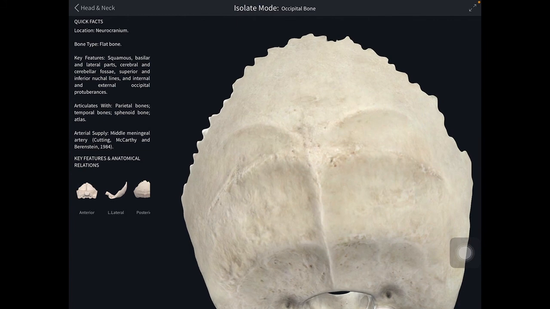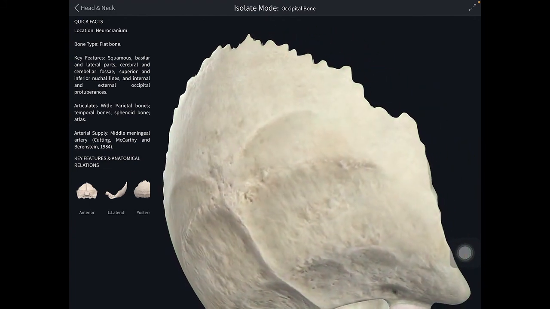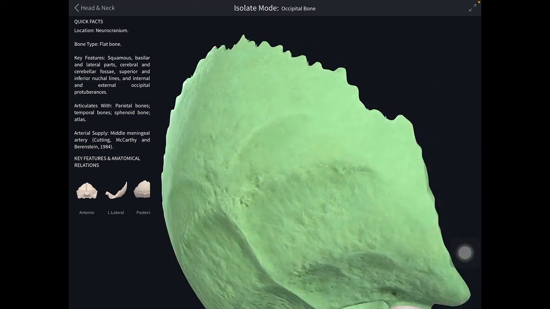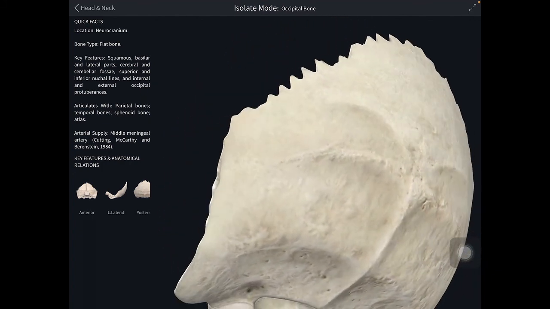Medial part gives origin to the trapezius muscle, and lateral part of superior nuchal line gives origin to the posterior fibers of sternocleidomastoid, and beneath it splenius capitis.